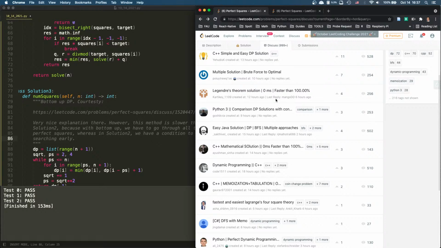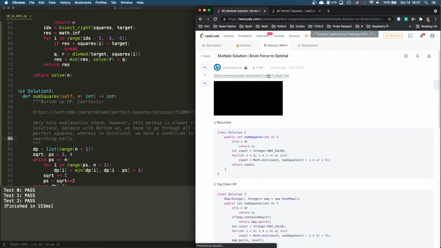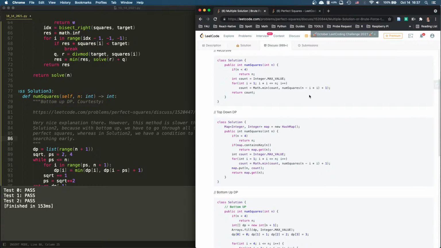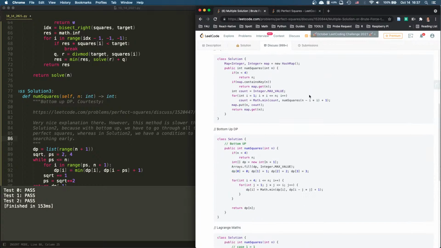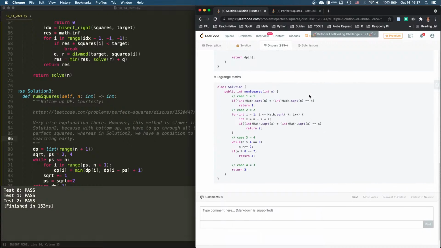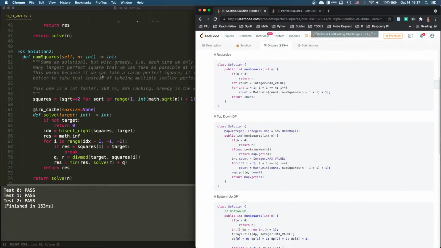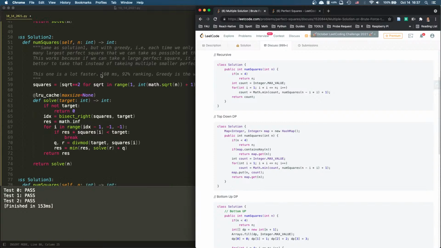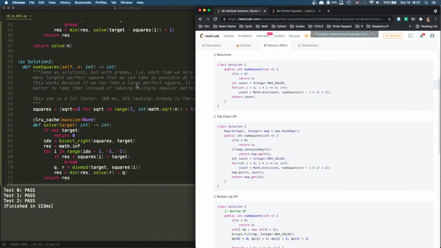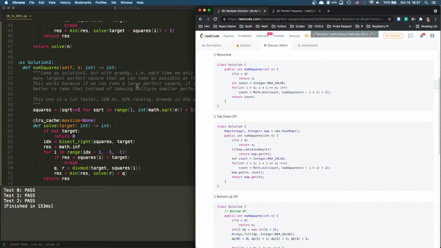Dynamic programming, brute force to optimum. Top down, bottom up, log around. We can do this. Too lazy. Actually, we can, and let's submit ours.